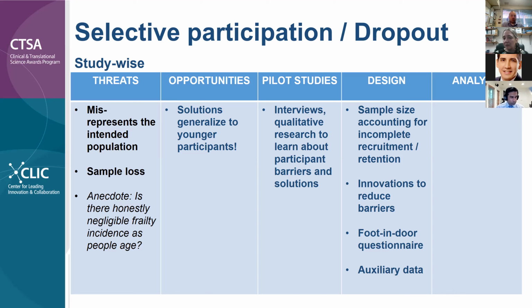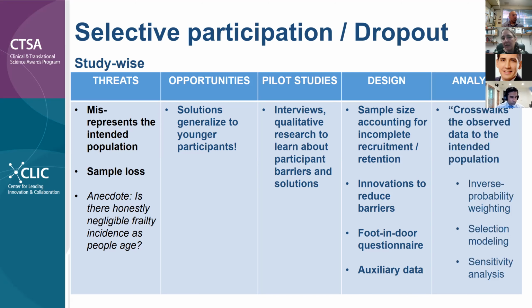Auxiliary data is also a great way to learn more about who it is who is dropping out or selectively participating. The ERIC study has done this to great effect, the ERIC NCS study. And then analytic strategies.